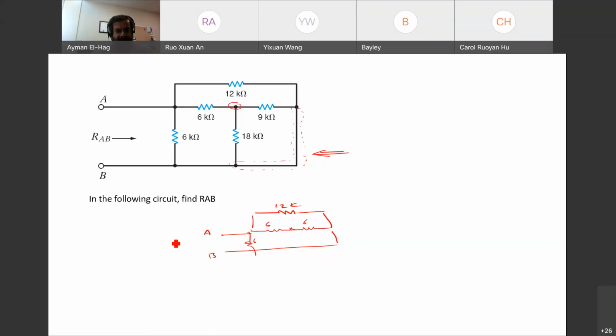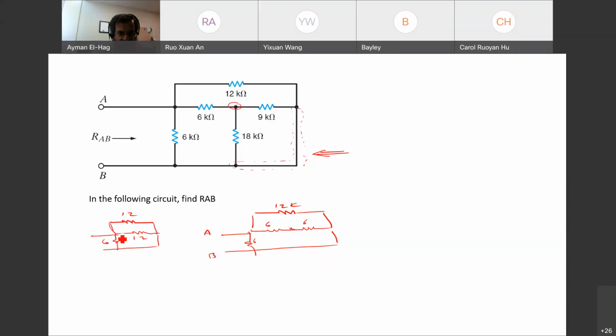Let me try now to redraw this. So this is your 12. Then we have here another 12. Then we'll have here the 6. This is your 6. Now what you can see here, the 6, the 12, and the 12 all are in parallel, as a matter of fact. How is that?